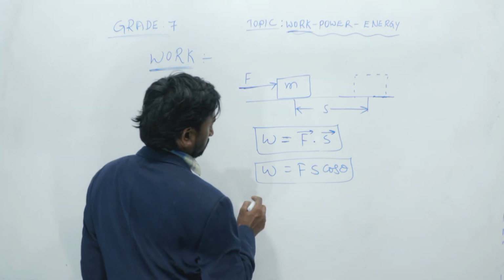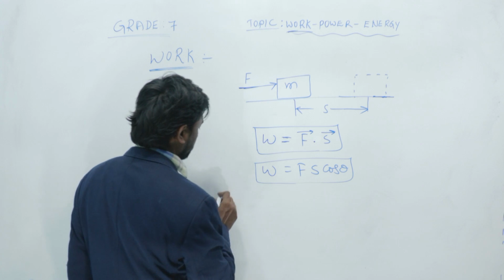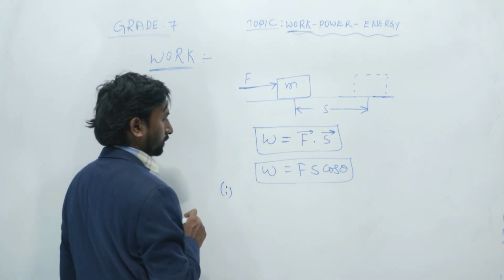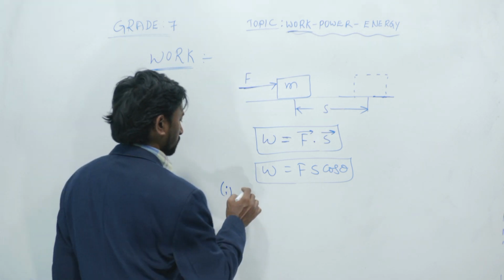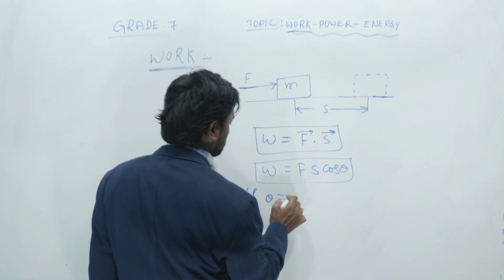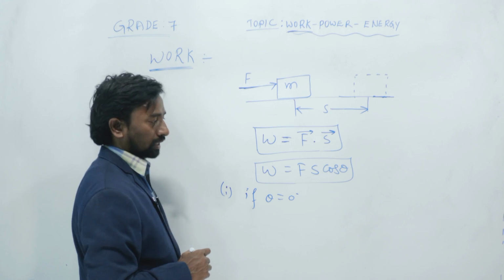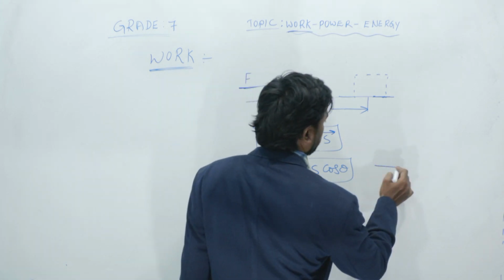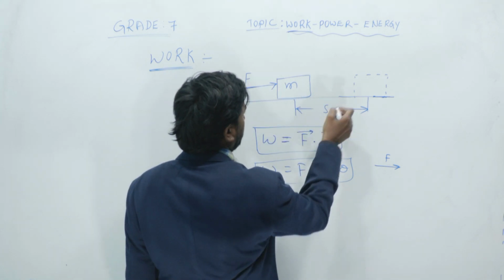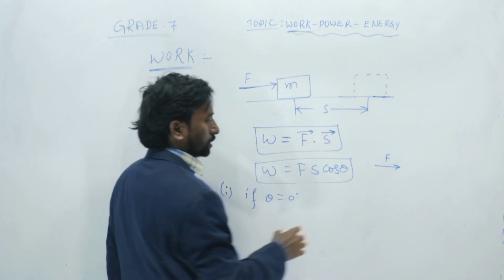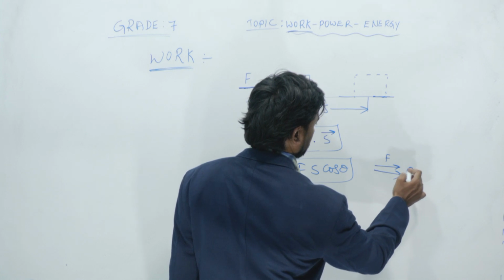So now here, by using this, we can write when this work will be maximum and when this work will be minimum. Suppose if theta is equal to 0 degrees, it means the force is applied in the same direction as the displacement. Both are in the same direction, then theta will be 0.